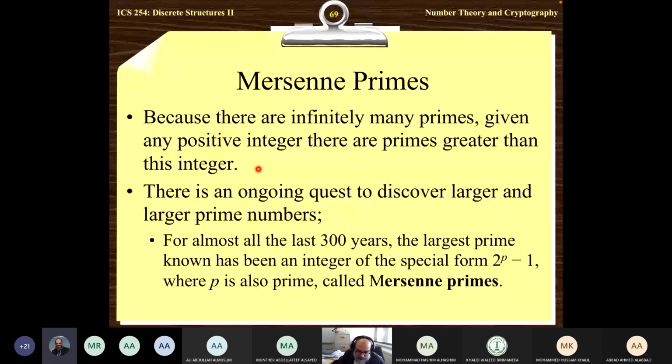Okay? Now, there is an ongoing quest to discover larger and larger prime numbers. And as I think I mentioned before, large prime numbers are crucial nowadays, based on the current computing power that we have, for certain encryption techniques, public key encryption techniques.